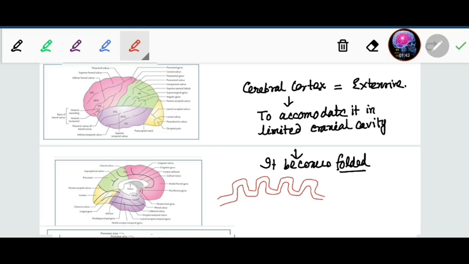These convolutions and fissures are termed gyri and sulci respectively.